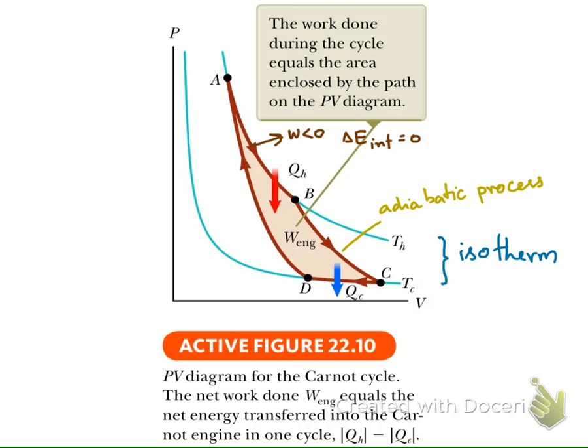So during this process, Q is 0. W is still negative, because it is an expansion, as in the first process. But in the first process, it is the isothermal process.